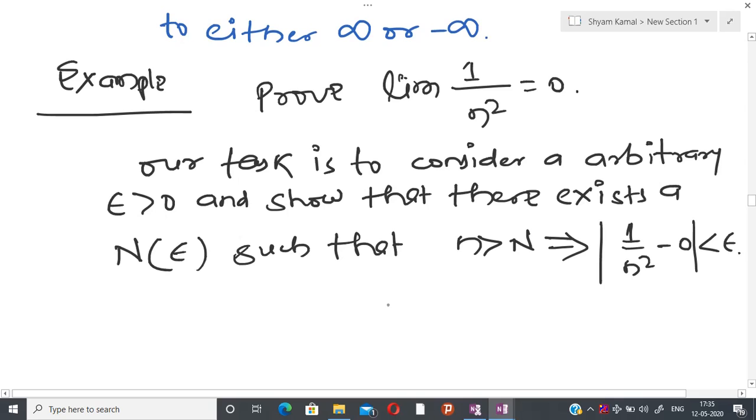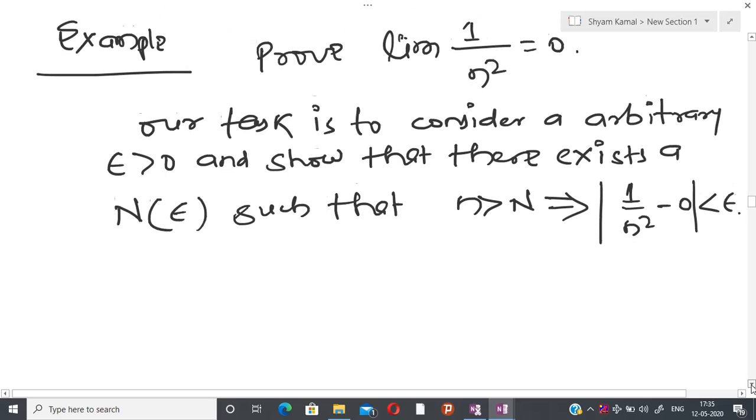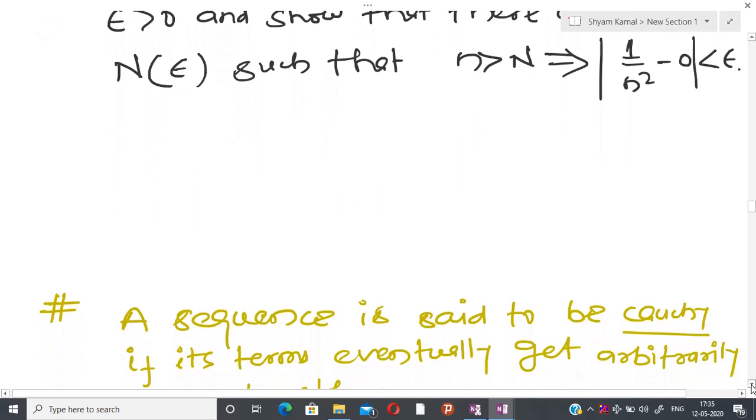In order to show this, let us proceed in the backward direction. First we will do the discussion, and after that I will tell you how mathematicians formally write the proof. Let us start with this. We are assuming that 1 by n square minus 0, and since n is positive and this is an absolute value, I can write it like this.